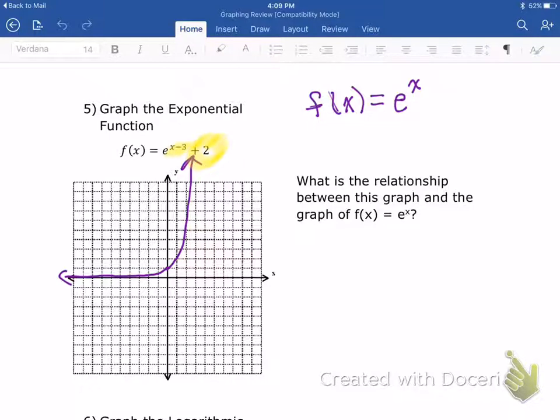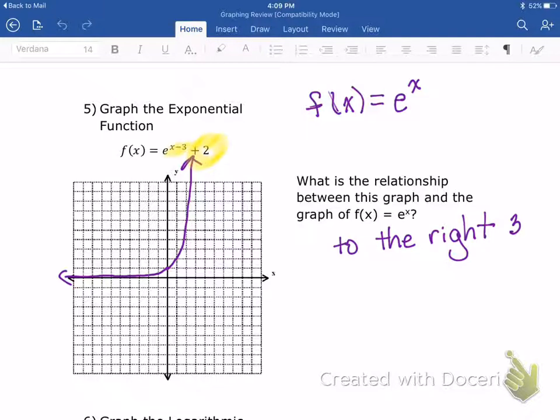So if we have x minus 3, that actually means we are going to move the graph to the right 3 because it is opposite value when we are talking about left to right. Always opposite when we're dealing with the x. So we are going to move it to the right 3.